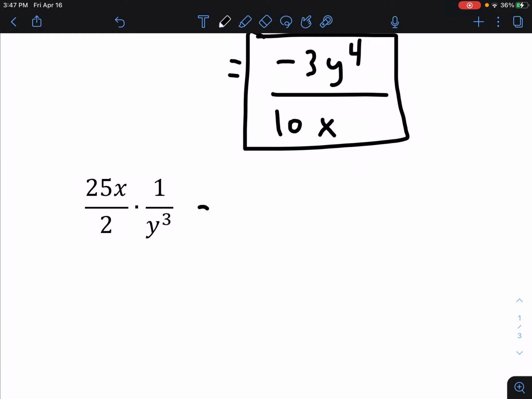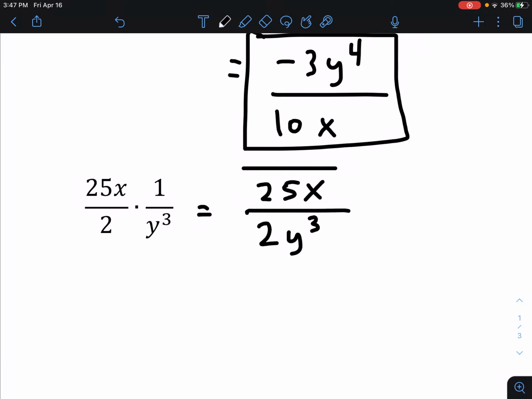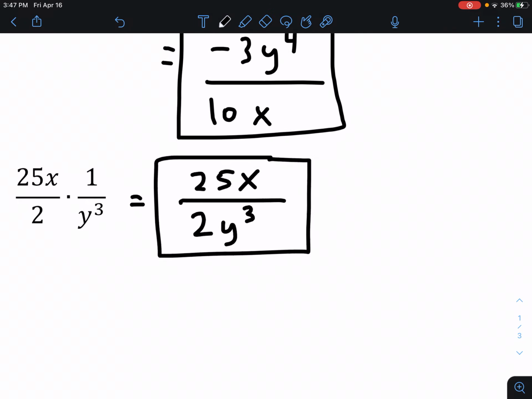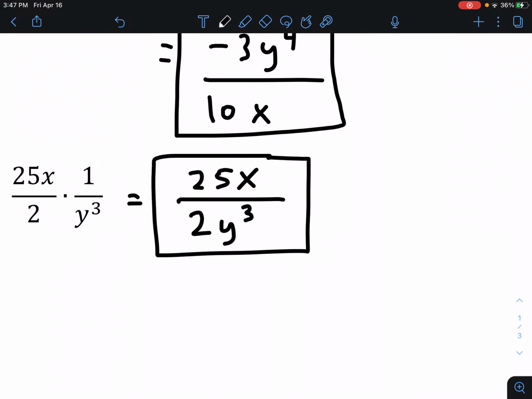So what I'm going to do is just go ahead and multiply first. The numerator becomes 25x because we're multiplying by 1, and the denominator is 2y to the third. And that's it. We're done. That was too easy. Now, don't be tempted to divide 25 by 2. You'll get a decimal, and we don't want that.